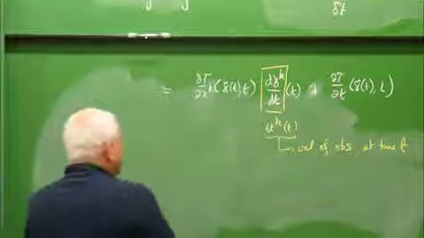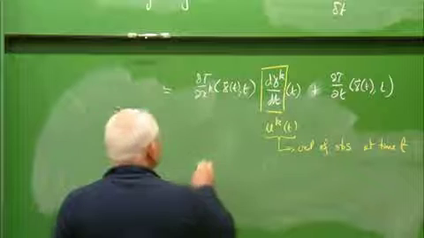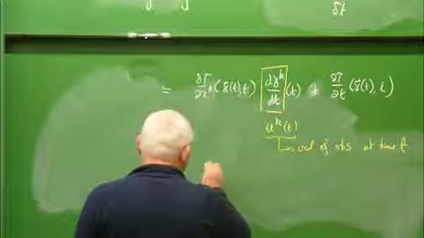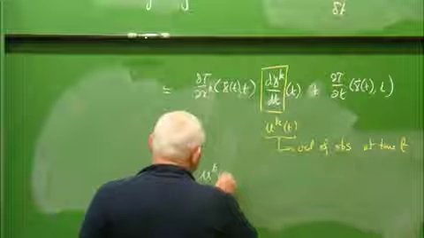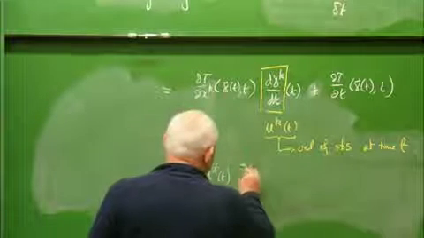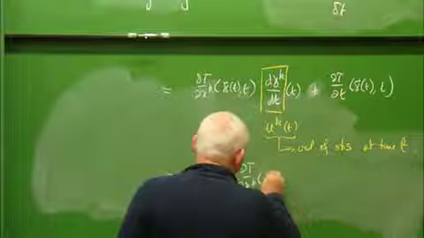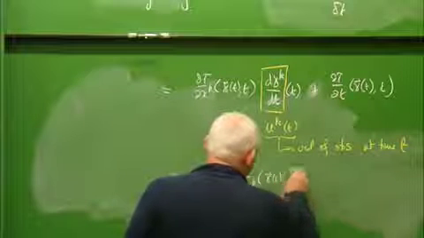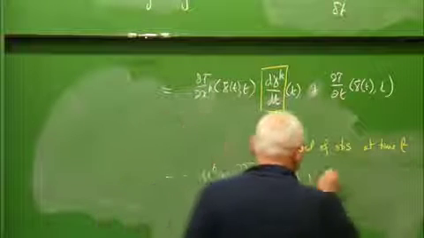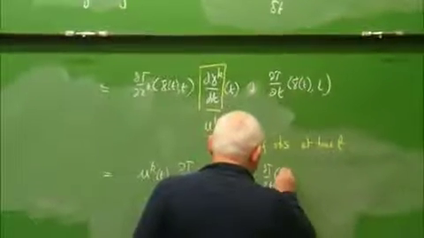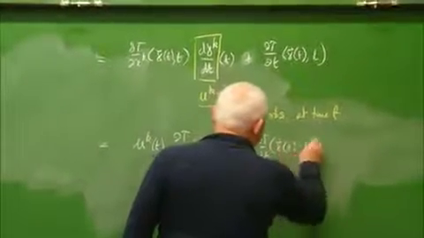And so I get my formula, which says that this is u_k dT by dx_k at gamma of t, t, plus dT by dt at gamma of t, t.